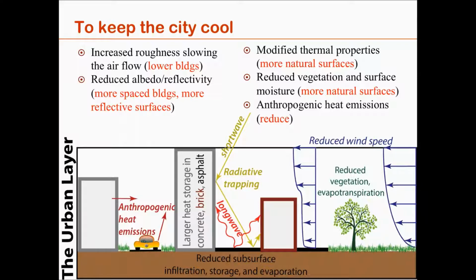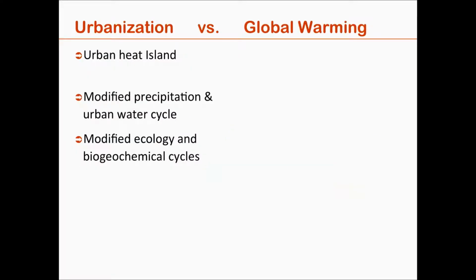You could try to modify the thermal properties of the city, or introduce more green infrastructure in the city, or reduce anthropogenic heat emissions. So also for mitigation measures, if you want to assess them, you really have to capture these physical processes quite accurately.